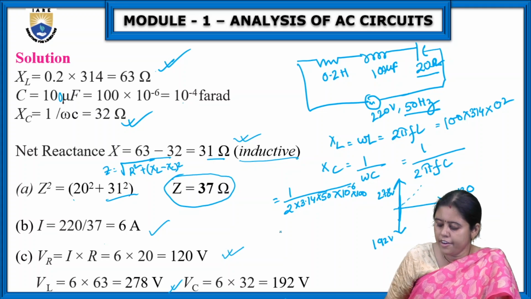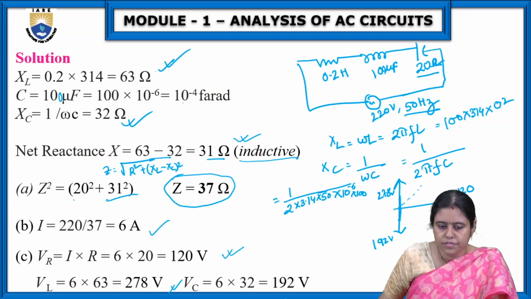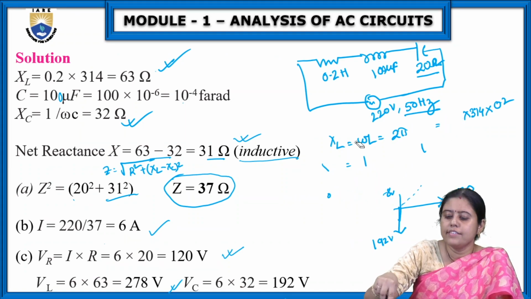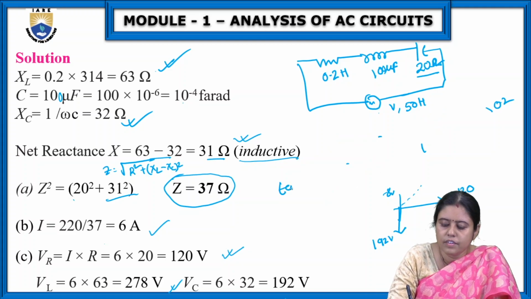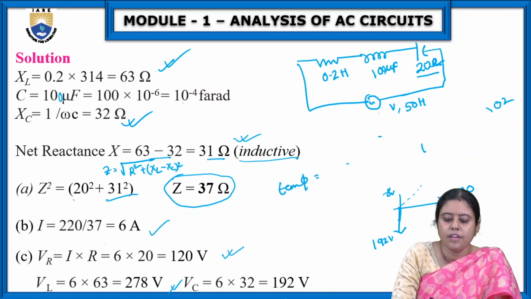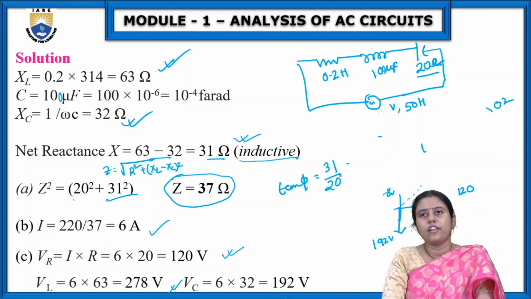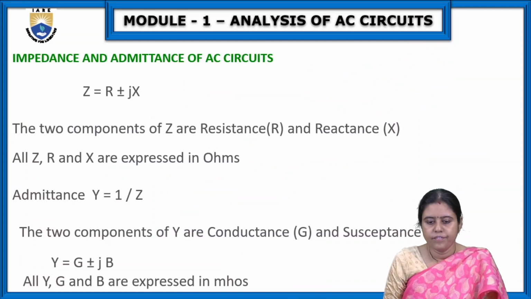The angle tan phi is equal to X by R. So X is 31 by 20. So if we calculate it, we can get our angle phi.